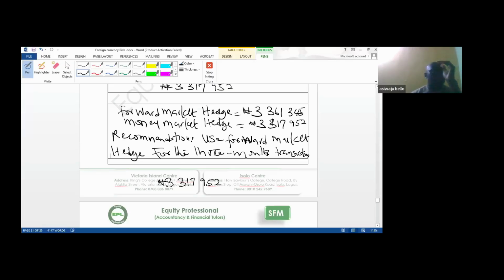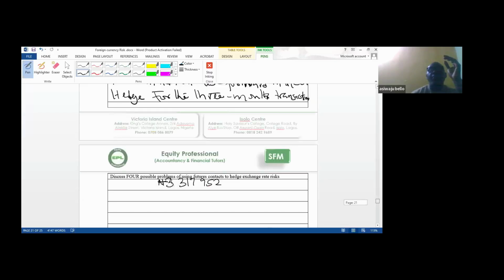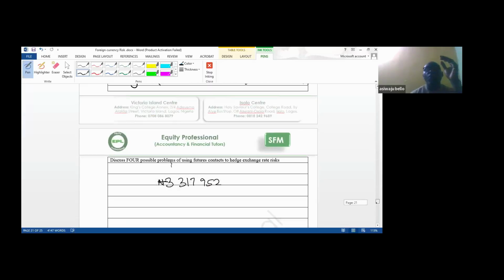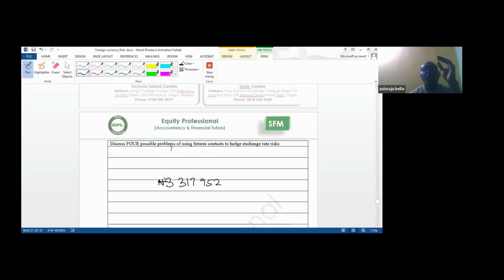If you look at requirement F, discuss 4 possible problems of using futures contracts to hedge exchange risk.